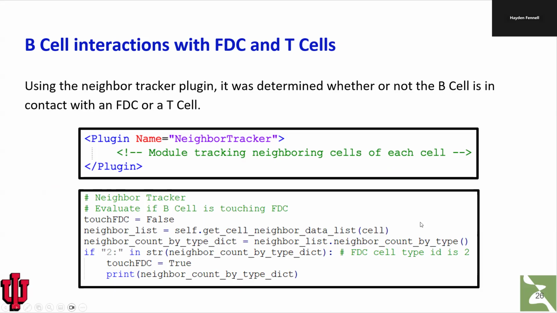In our model, the FDC cell type ID is 2, so if the neighbors contain a cell with an ID of 2, that means this B cell is in contact with an FDC. So the variable touch FDC becomes true, and once that becomes true, that will trigger a number of events.